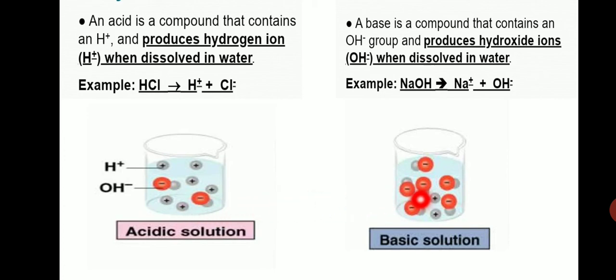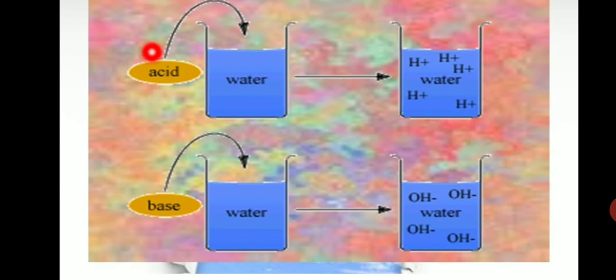In the basic solution, OH minus ion is more, so it behaves as basic in nature. So when an acid dissolves in water, a large amount of H plus ion is formed. When a base dissolves in water, a large amount of OH minus ion is formed. So this shows acidic property and this shows basic property.